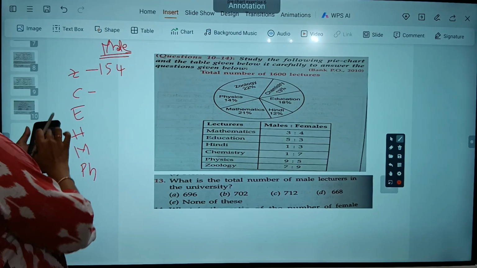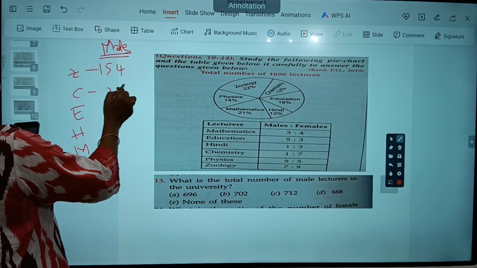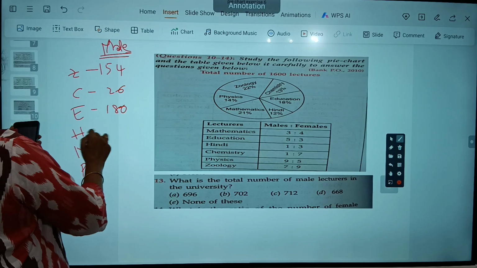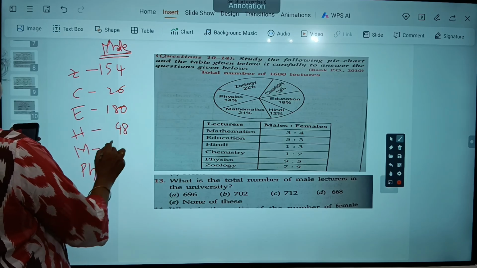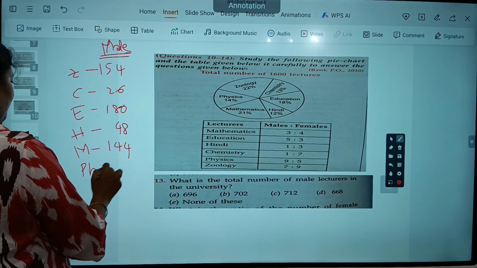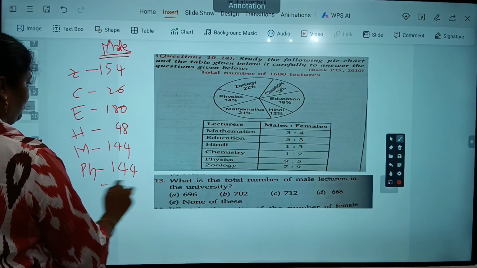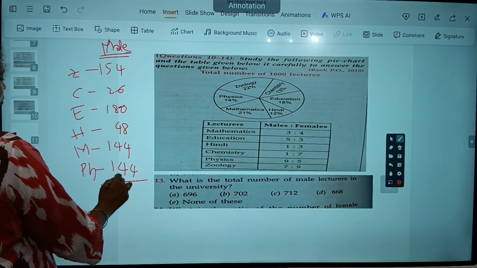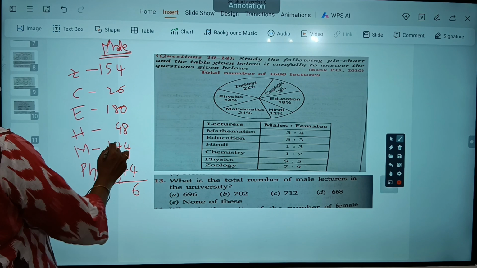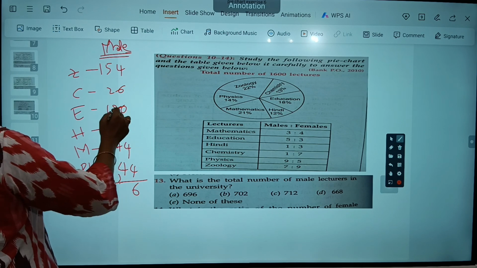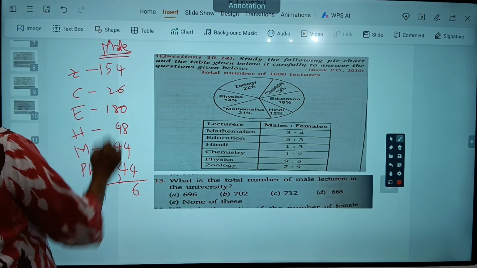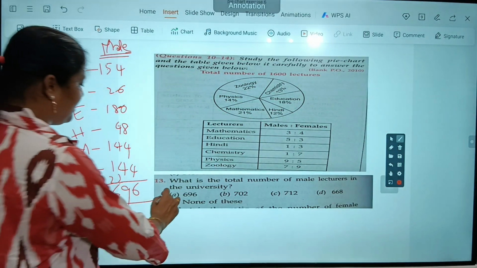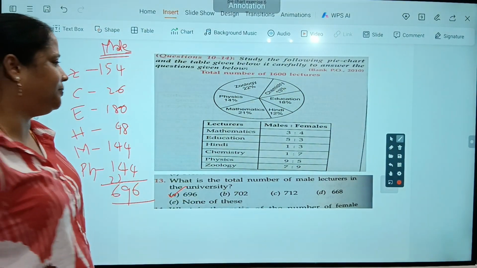This is 154 and next is 26 and again 180 and 48, 144, 144. So this will be 696. So A is the answer.